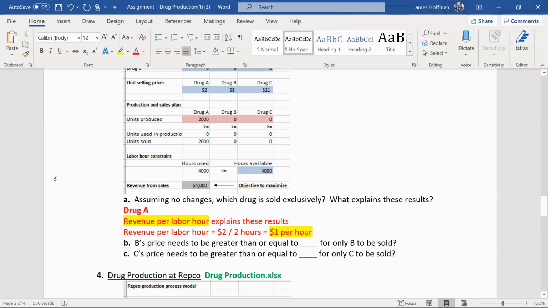So we need to use that as a benchmark when we do parts B and C for drug B and drug C. Drug B's price needs to be greater than or equal to what for only B to be sold.